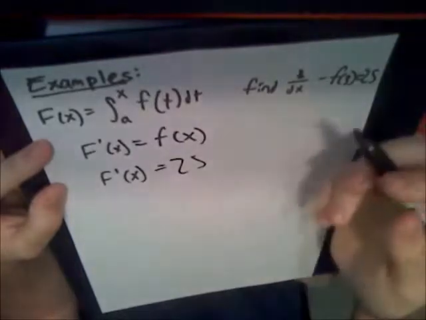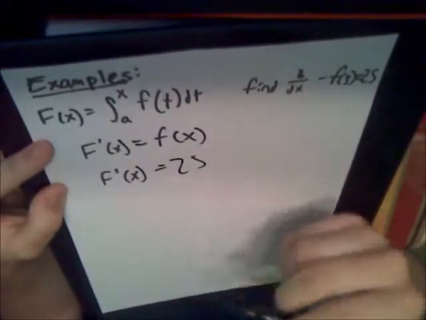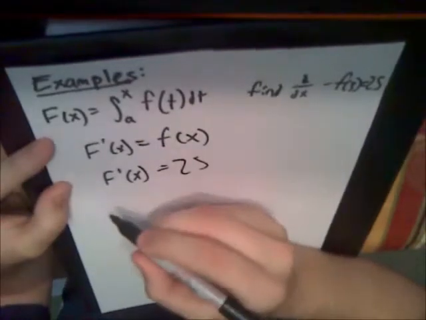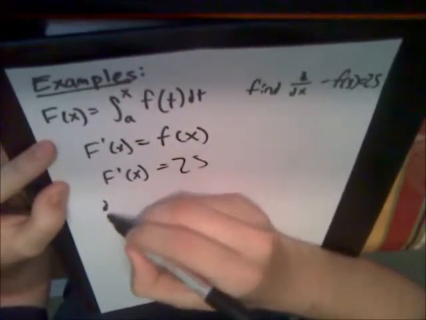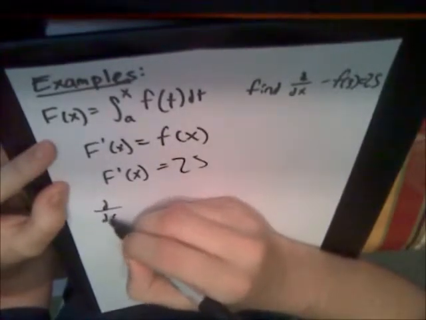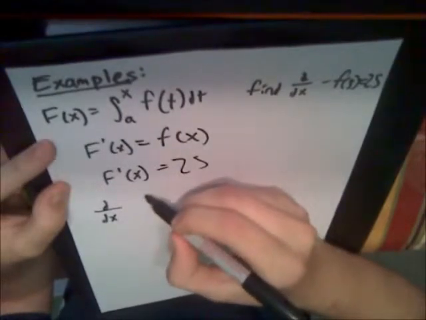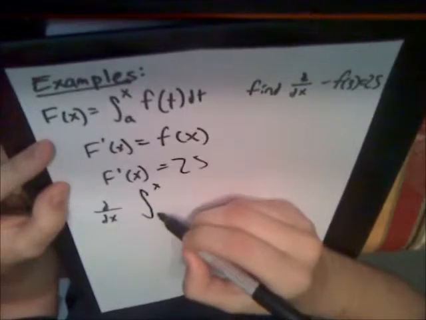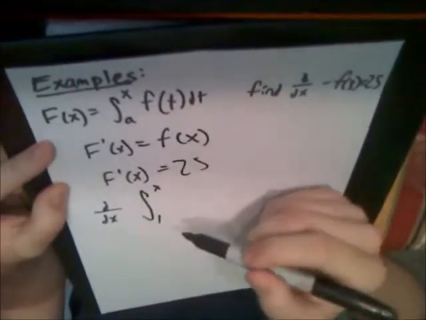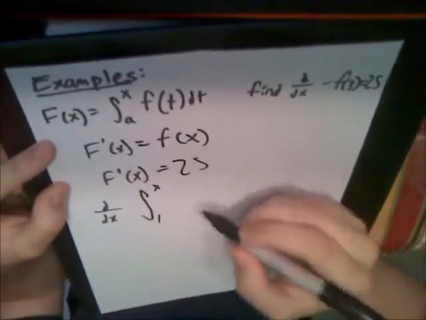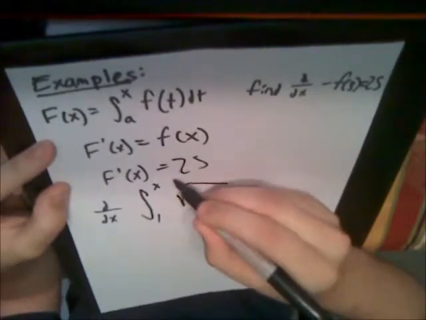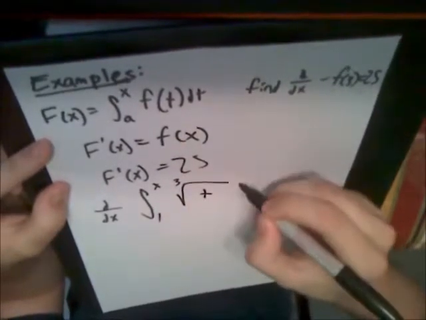Now, another example of this, just to kind of further broaden what we have, would be the derivative of the integral from 1 to x, x being your upper bound, 1 being your lower, of the cube root of t dt.